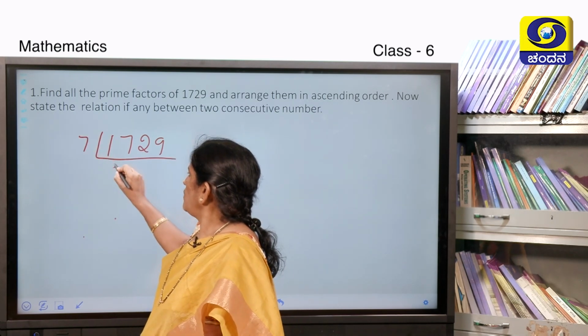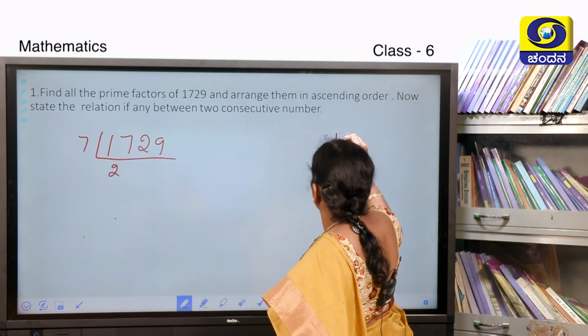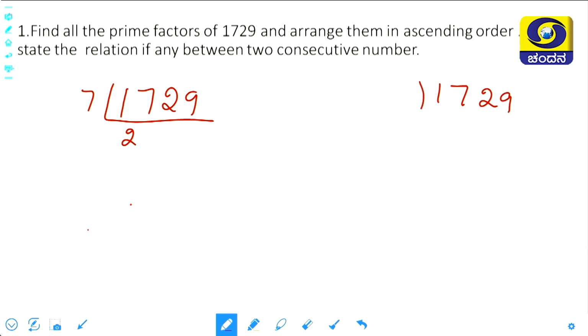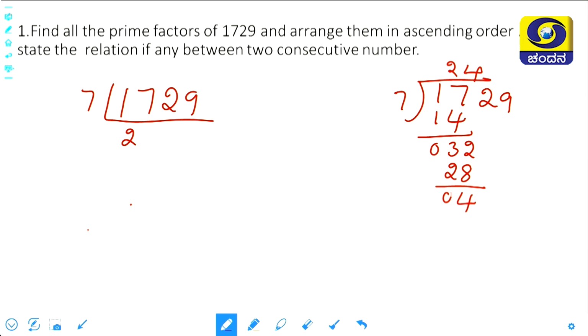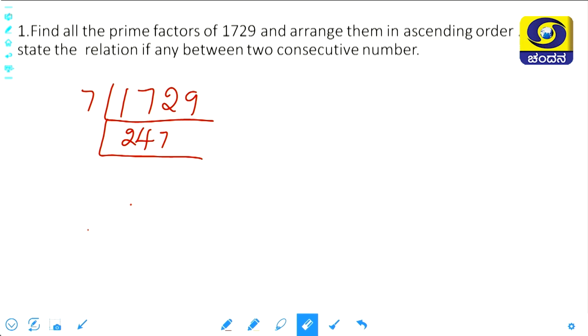7 2s are 14, divide here 7, 2, 9. 7 2s are 14, 7 minus 4, 3, take 2 down, 7 4s are 28, 12 minus 8, 4, 0, take 9, 7 7s are 49. Write this quotient 247 here. Children, 247 we can divide by 13.